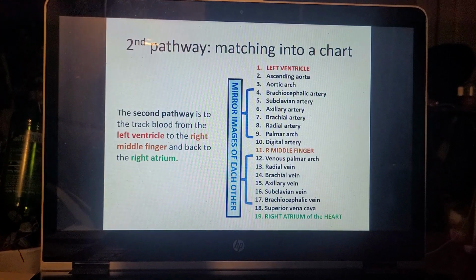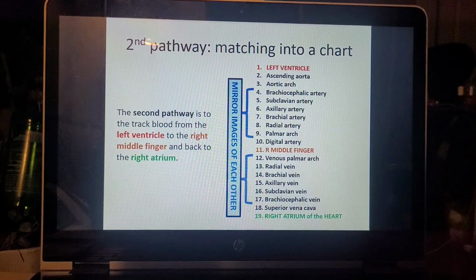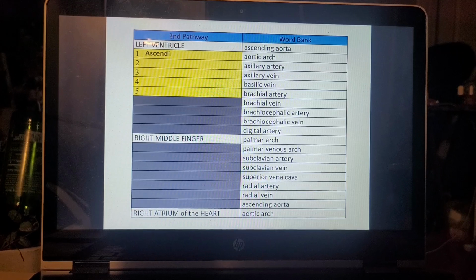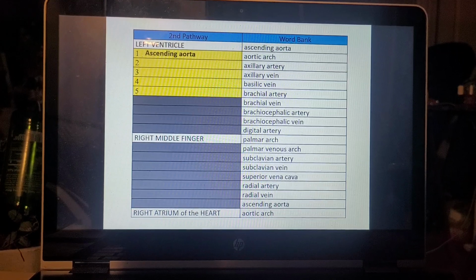So this pathway is leaving the heart, going to the right middle finger and returning to the heart. Let's go. So first section, leaving the left ventricle. Ascending aorta.